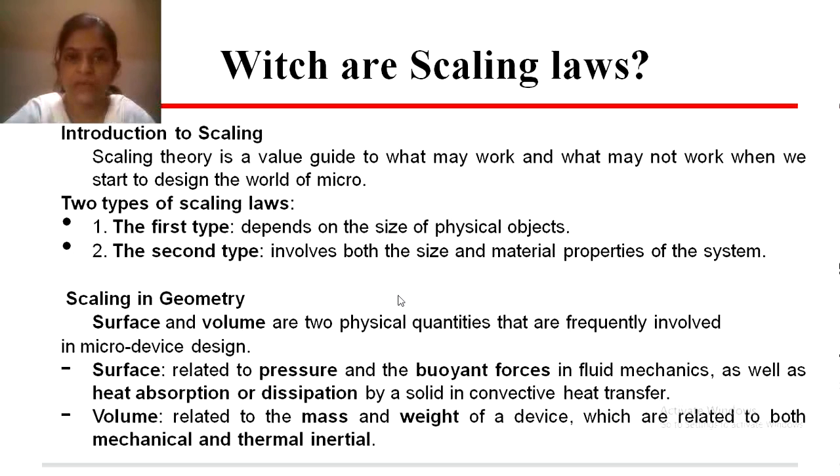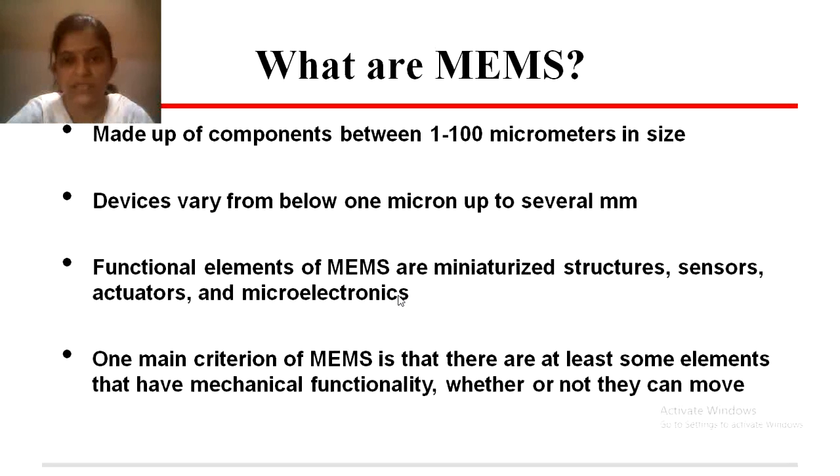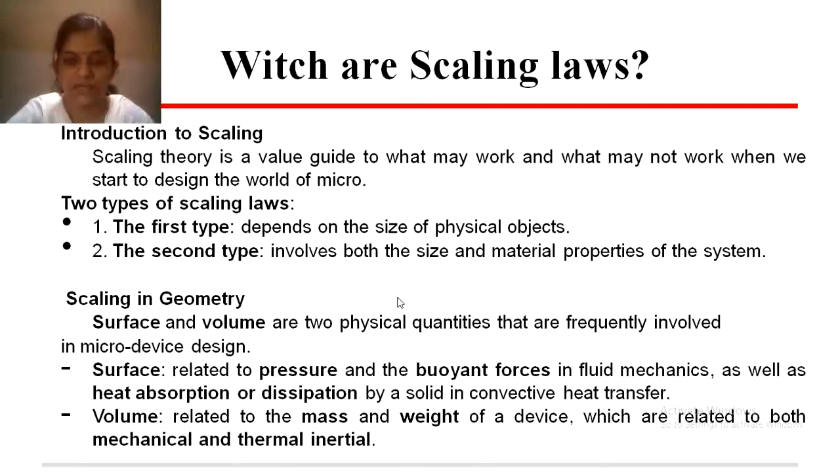Then whenever we think about scaling, because we know that micro means 1 to 100 micrometer size, as we have seen in the previous slide, in that scale we have to put all the technology over and then we can build new technology. So here scaling is very important.